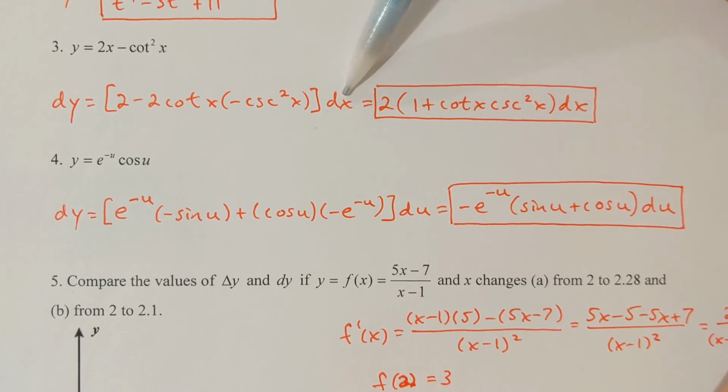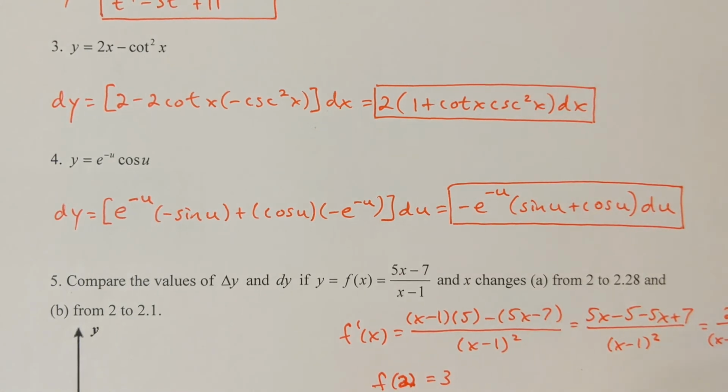Make sure there's a dx afterwards. 2 is in common to these two terms. You can factor that out. So I brought that out front here. You're subtracting a negative. That means you're adding.